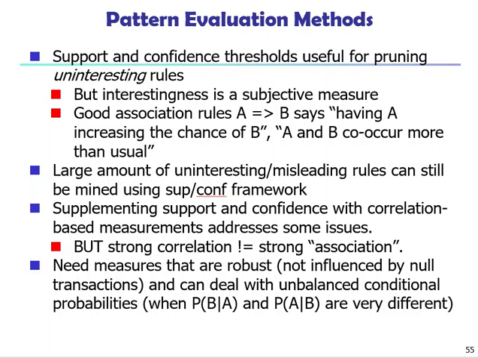So we want measures that are robust, not influenced by non-transactions, and not influenced by the total number of transactions, because we're going to apply those measures in different transaction databases. Some may be large, some may be smaller. If your goodness measure is influenced by the total number of transactions, then it's hard to compare across.